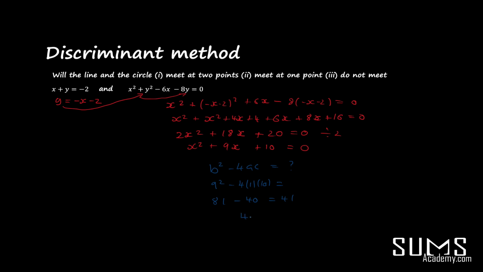So 41 is greater than 0. Therefore, it touches at 2 points. So therefore, 2 points. There you go.